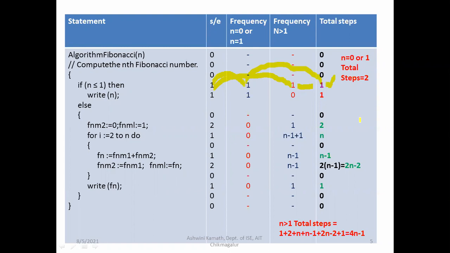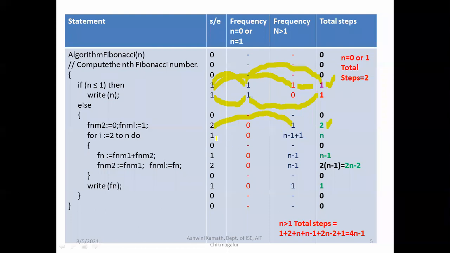Okay, and then next one, 1 and 1, this will be executed only when the condition is true. And 1 into 0 will be 0 for the else case. Now for the else case we are writing; the if case we have already written. So 2 into 1 which is equal to 2.